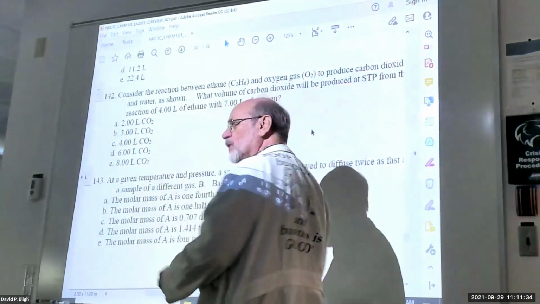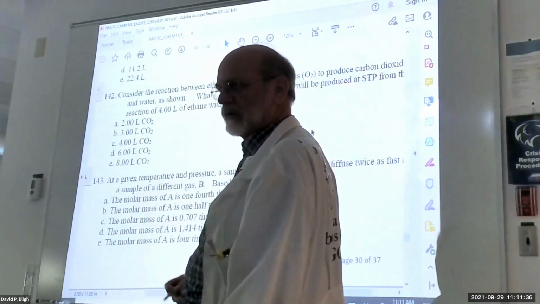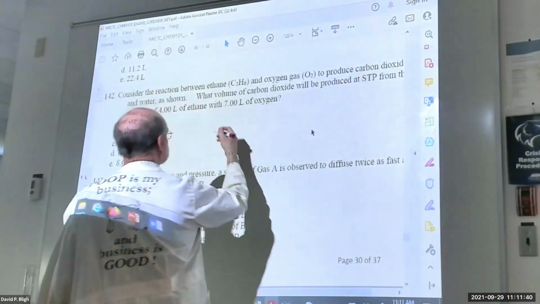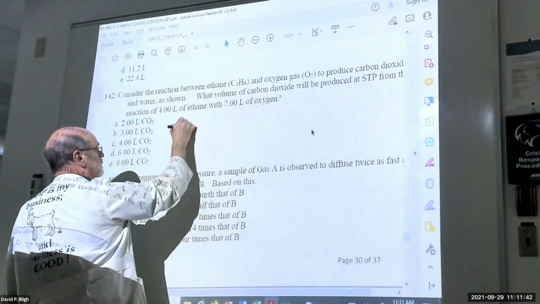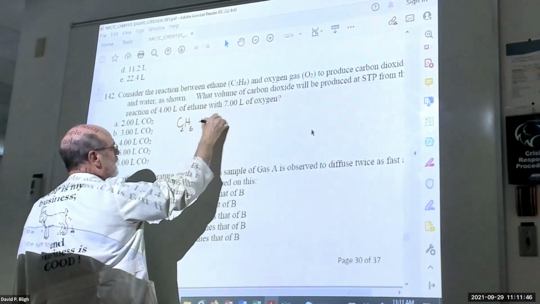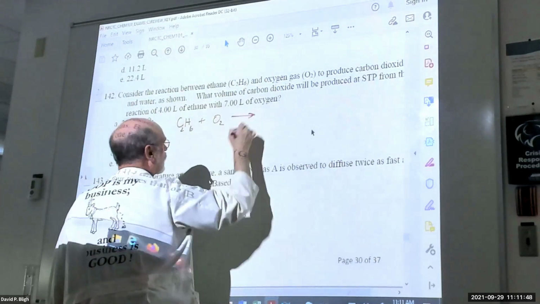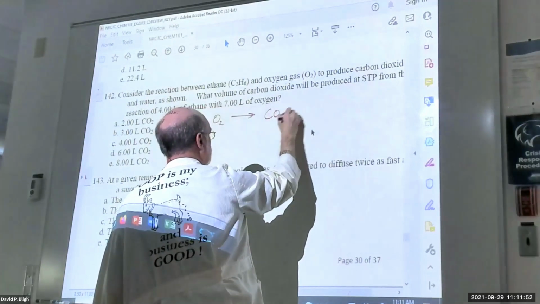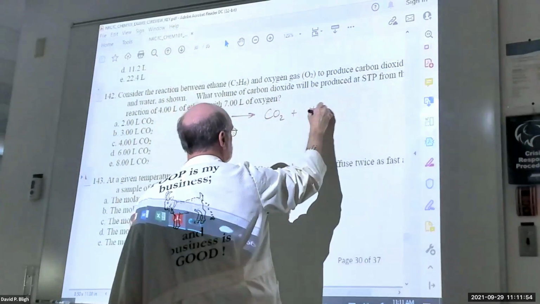All right, so we need a balanced equation. This is a stoichiometry problem. So ethane, C2H6, plus oxygen yields what? Carbon dioxide and water.